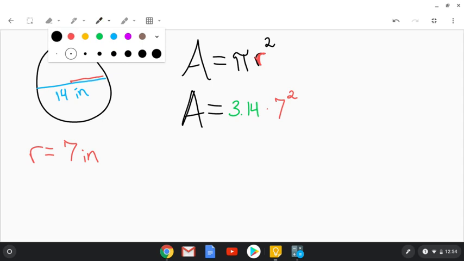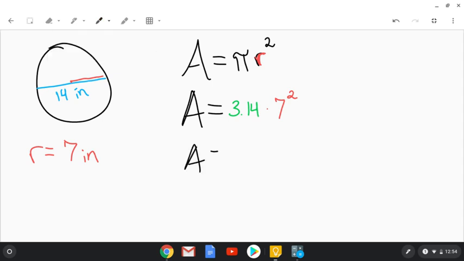Then I can do all of my same moves. I'm just going to go a little bit faster and not color-coded. I'm thinking to myself, okay, this is 7 times 7, which is 49. I'm going to drop that down. All right, then my last step is 3.14 times 49.